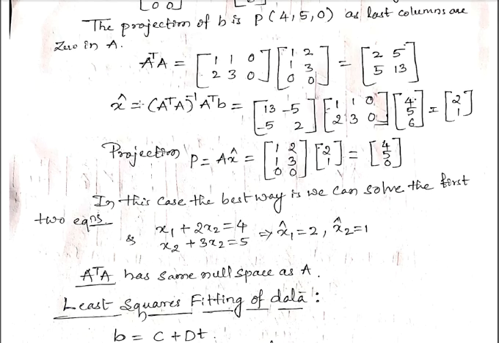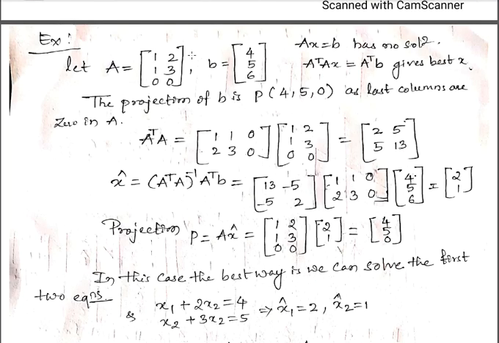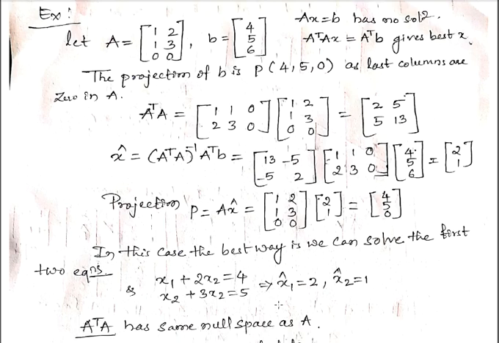And when we solve this equation, let's say the first unknown is x1 and the second is x2. When we solve, it is x1 plus 2x2 is equal to 4, and the second one is x1 plus 3x2 is equal to 5, sorry, it has to be like that. Then x1 is equal to 2 and x2 is equal to 1.